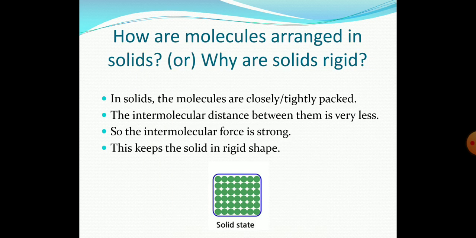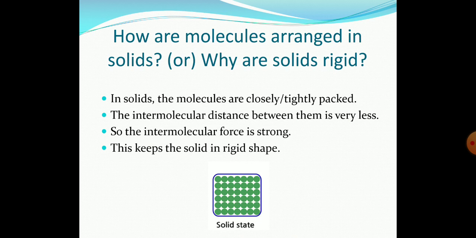Now we are going to see how the molecules are arranged in solids, or why solids are rigid. In solids, the molecules are very closely or tightly packed. That means the distance between them is very, very less. This is why the solids are rigid.